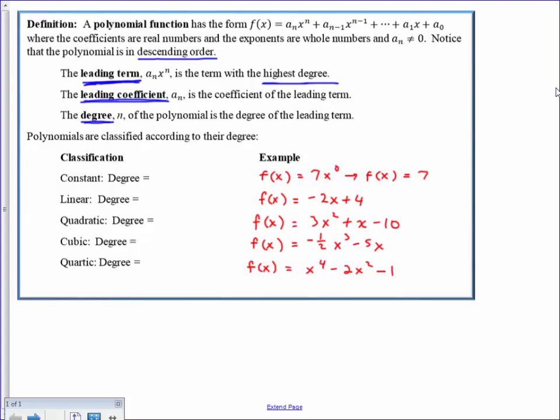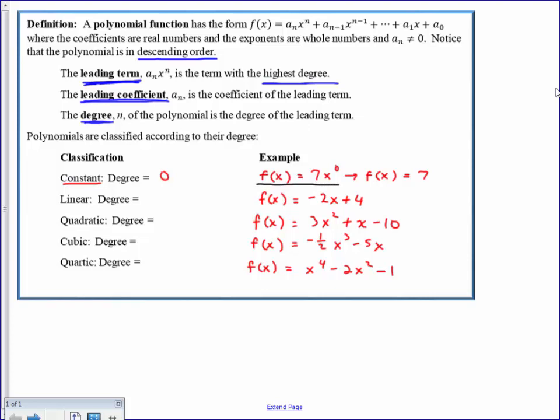Polynomials can be classified according to their degrees, and I've written down several examples here to the side. If you want to stop the video and write those examples down, that would be a good idea. The first one that we classify is what we call constant, and the degree of a constant polynomial is 0. Okay, the reason for that, I've written this example out and I've said f of x equals 7x to the 0 power. You actually never see the x to the 0 power.